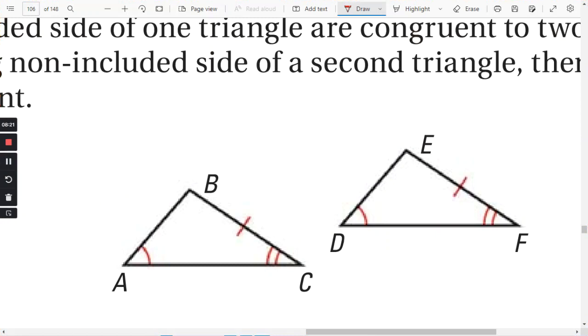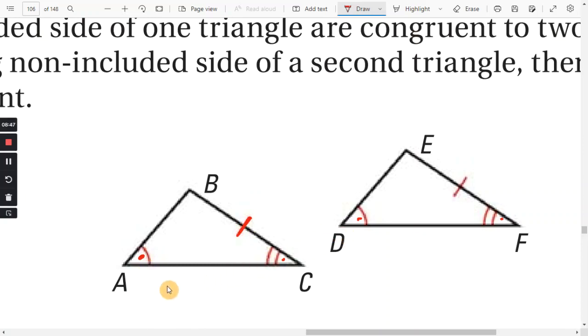Okay, notice in the diagram, angle, angle, side, angle, angle, side. See this side right here? It is not in between the two congruent angles. So really, it doesn't matter which order you go around the triangle. It doesn't matter clockwise or counterclockwise. As long as the side is not in between the two angles, you have AAS.